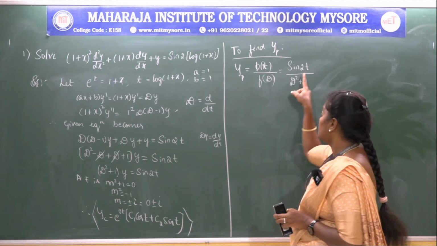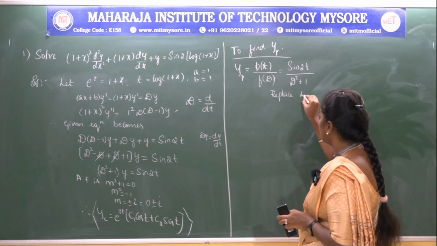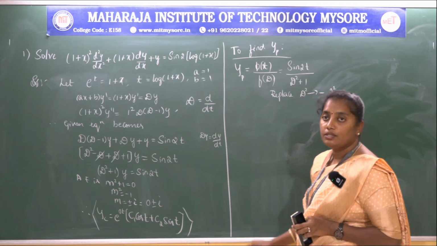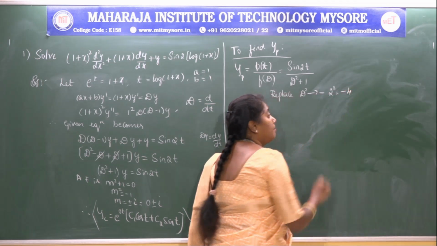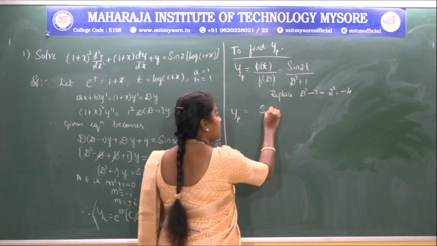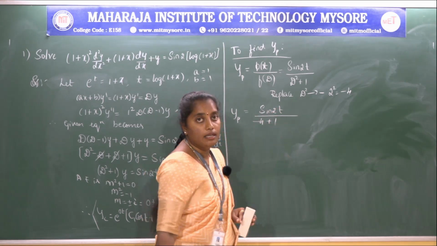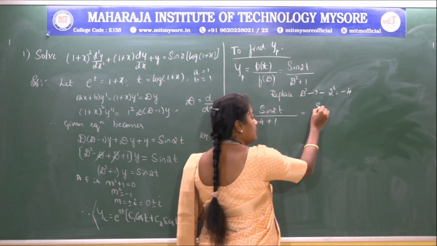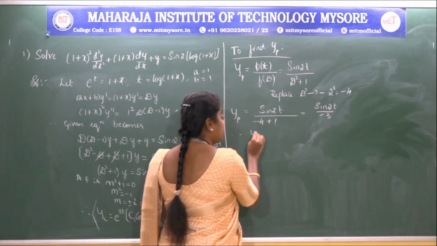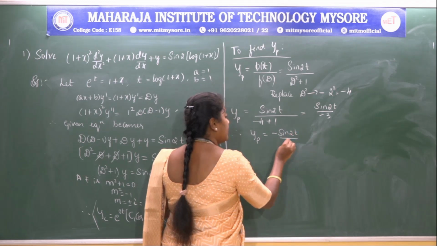Here the coefficient is 2, that means we have to replace D square by minus 2 square, which is equal to minus 4. So therefore we get yp is equal to sin 2t divided by minus 4 plus 1, which is equal to sin 2t divided by minus 3. Therefore yp is equal to minus sin 2t divided by 3.